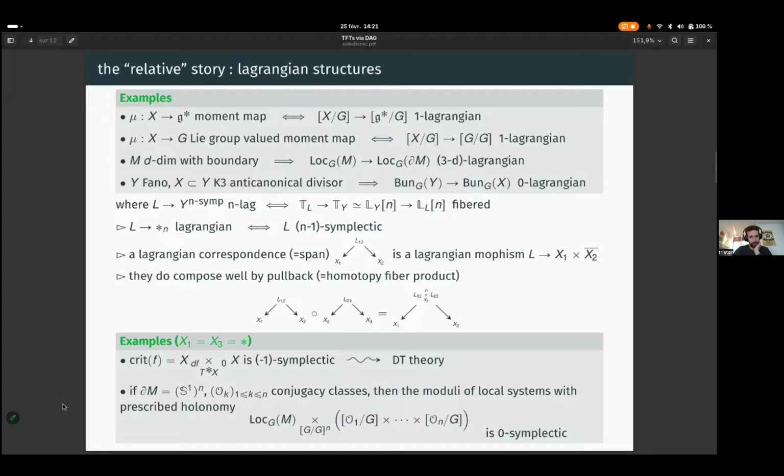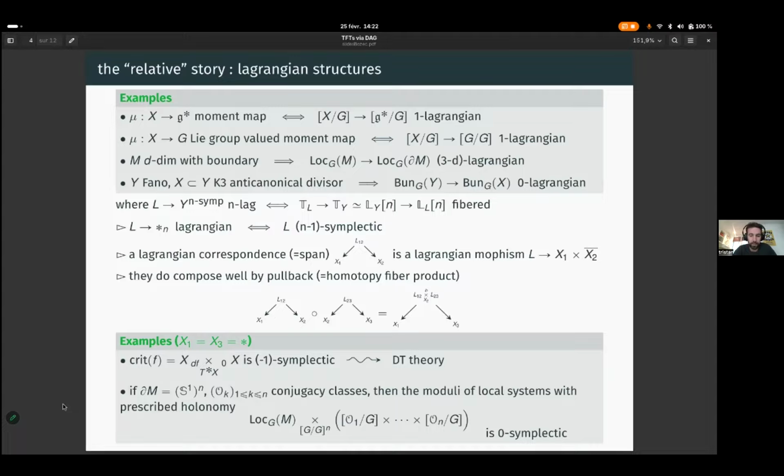Another example, on the topological side: if I consider a surface with a boundary given by a bunch of circles, for each of these boundary pieces, I consider a conjugacy class. And I can consider the moduli of local systems with prescribed holonomy at each of these boundary parts.